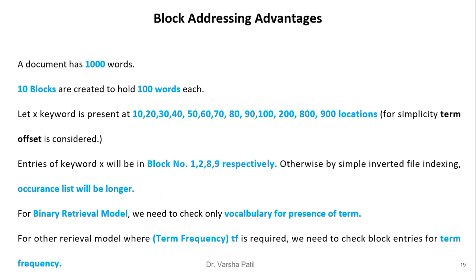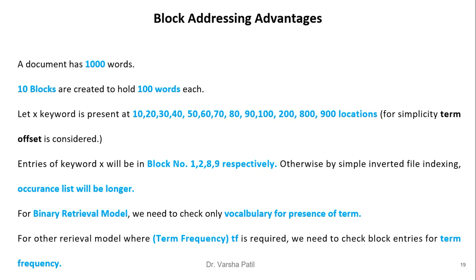Block addressing advantage. For example, a document has 1,000 words. Now 10 blocks are created to hold 100 words each. Let X be a keyword present at 10, 20, 30, 40, 50, 60, 70, 80, 90, 100, 200, 800, 900. For simplicity, term offset is considered.